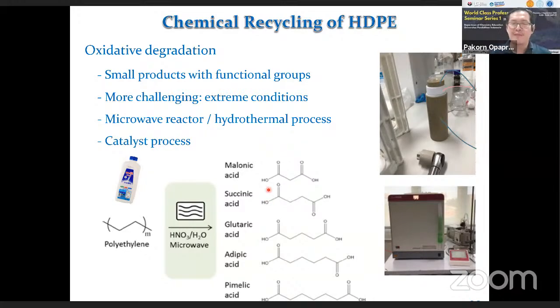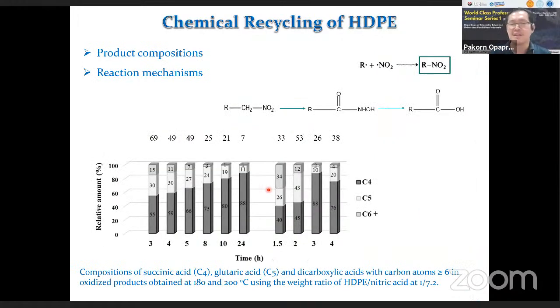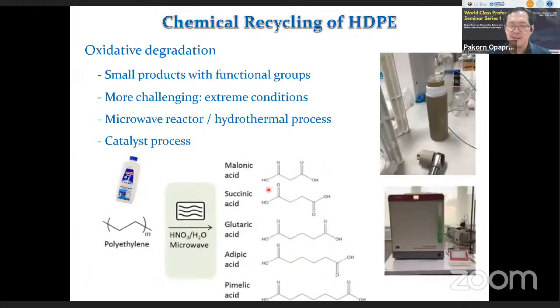So we vary the conditions and also try to characterize or determine the nature, the structure, or the content of the product that we have, right? So the product can be in the form of different sizes, starting from 3 carbon, 4 carbon, 5 carbon, 6 carbon, right?